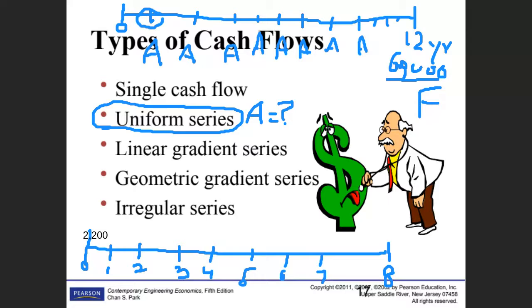Here it is 2,800 in year three and 3,500 in year five, and then it says how much will be the total amount at the end of year 8.